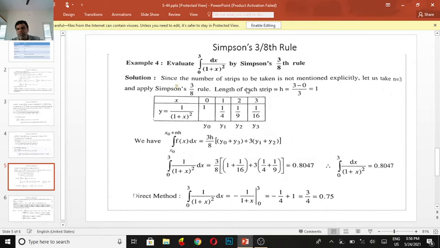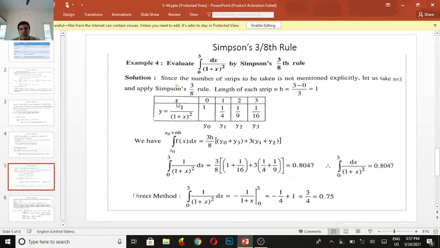Since the number of steps is not mentioned explicitly, let us take n equal to 3. Applying the Simpson 3 by 8th rule, the length of each step is 3 minus 0 divided by 3, so the width is equal to 1.